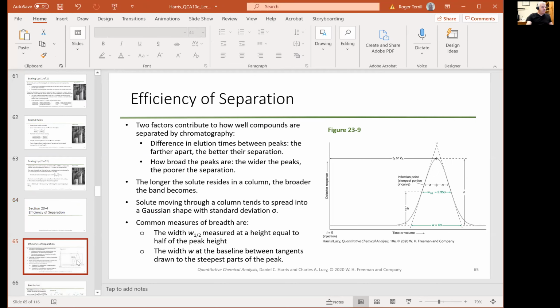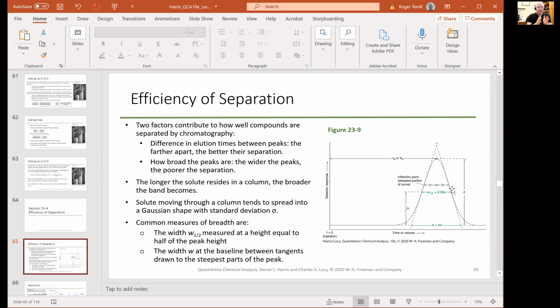So, all right. Efficiency of separation, something we'll go into a little bit here. For a peak of height h, if you go to half h, you can compute the width at half height. This is one of the few very good ways to characterize the width of a chromatographic peak.